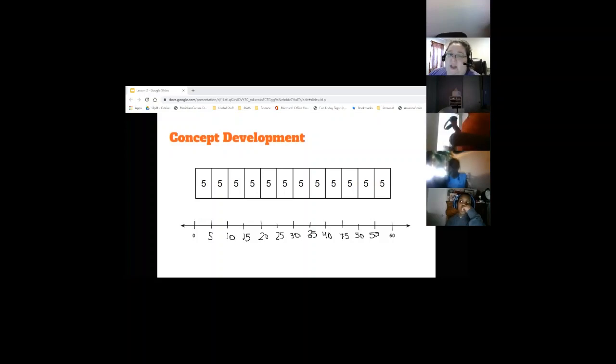But an interval is the space between 2 points, okay? So this interval between 0 and 5 is 5 minutes long, okay? That space from here to here is 5 minutes.